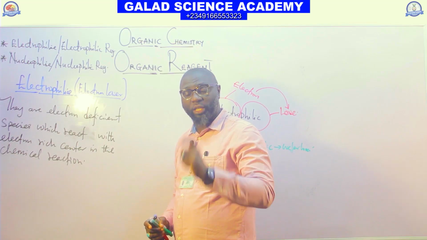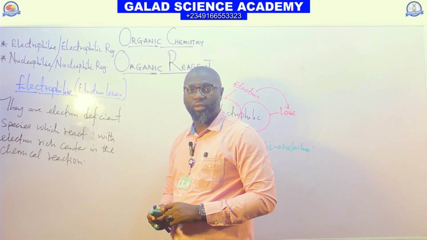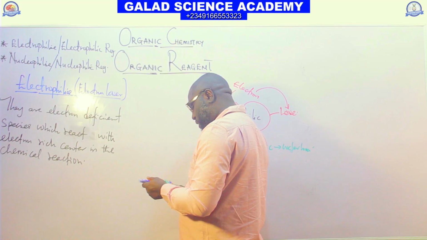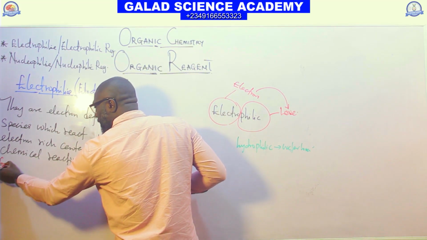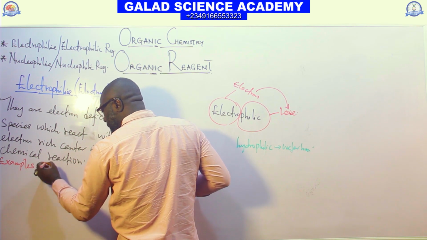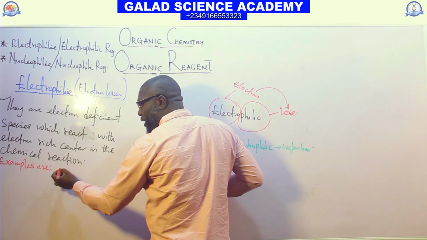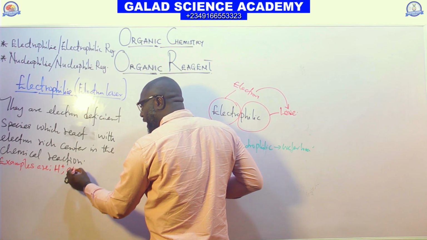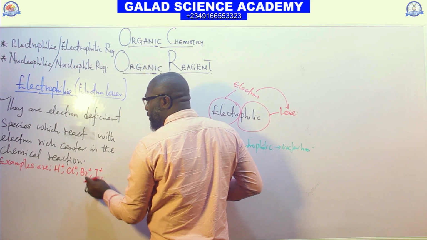An example of electrophiles is all positive ions. All positive ions are electrophilic. Examples are the hydrogen ion, the Cl ion, bromine ion, iodine ion.